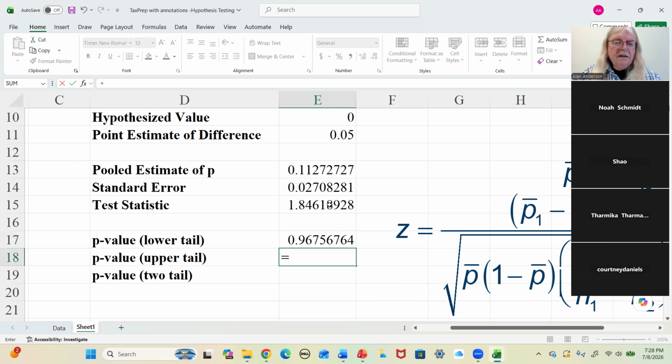For this one, norm.s.dist, you put 1 minus norm.s.dist.